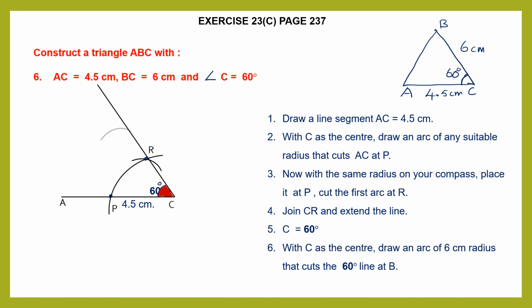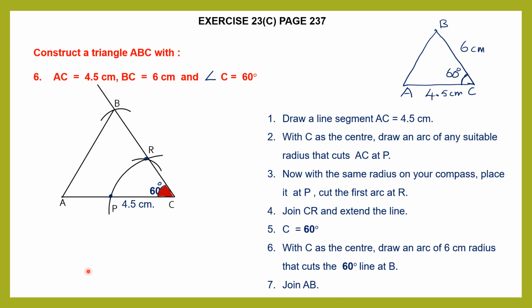So let's see where that arc will cut that line. It will cut it at a particular point and we are going to name this point as B. So that is going to be B. Now join AB. So now after you have joined AB, you've got a triangle. So now what do we have so far?